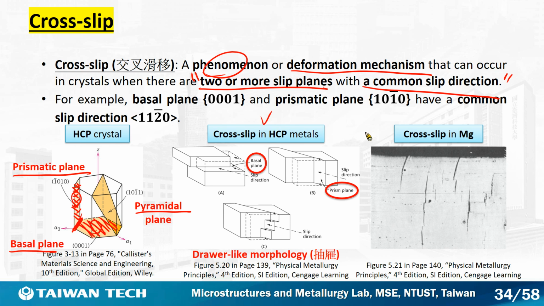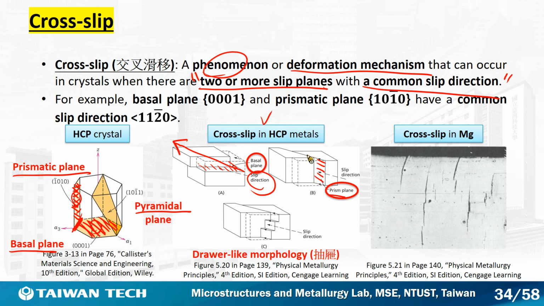Let's see the second picture. This is the cross slip in HCP metals. First you see that this is the basal plane, and we have a slip direction. The crystal can deform like this. And then we also have another plane, the prismatic plane, like this one.